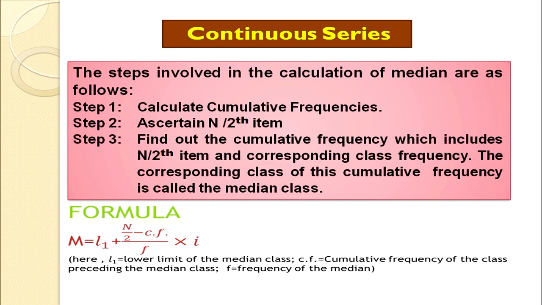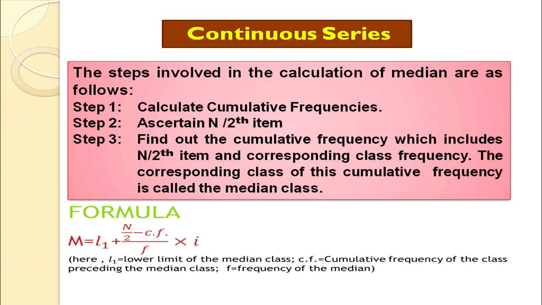Students, if you remember, in the previous question, in cumulative frequency we got the median answer, but in this case we are getting the median class. That's the difference over here. In the previous question we used (n plus 1) by 2th item, but over here in continuous series we use n by 2th item. This is the difference you must note.